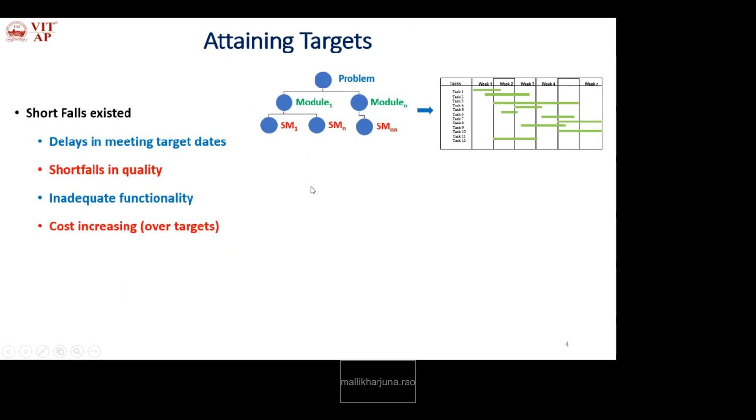That is nothing but the start time of the object, end time of the object, start time of the parent object and end time of the parent object, start time of the grandparent object, end time of the grandparent object, and so on, proceeding towards the top level, that is finding the solution for the whole problem.